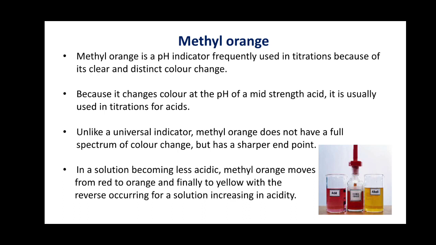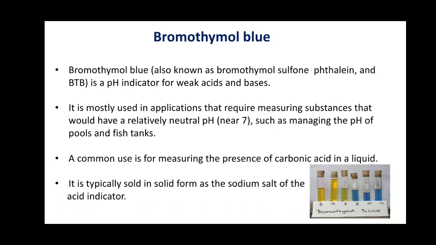So we'll be using it in titrations. In a solution becoming less acidic, methyl orange moves from red to orange and finally to yellow, with the reverse occurring for a solution increasing in acidity.